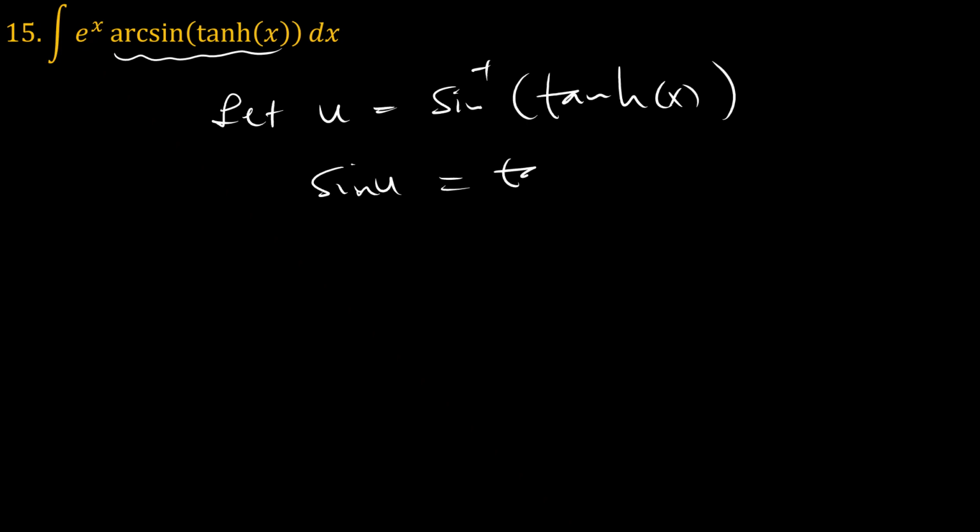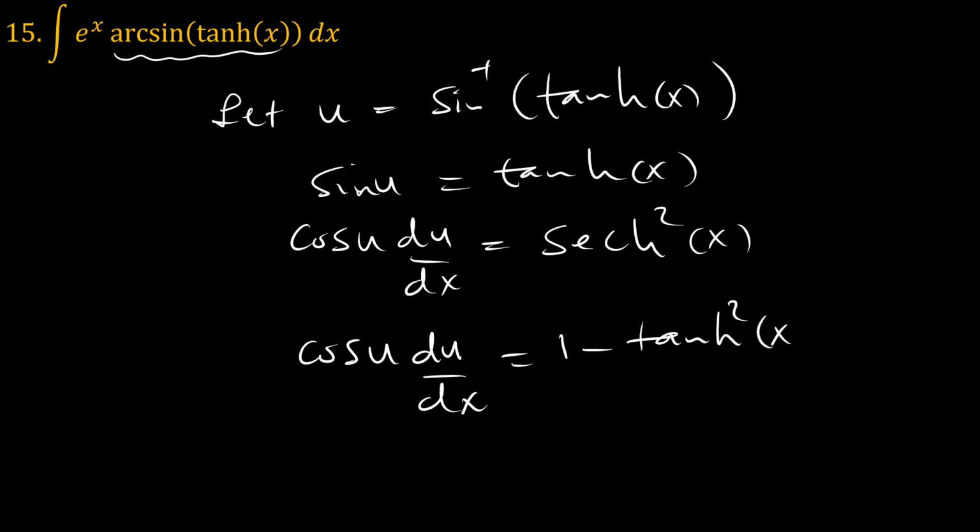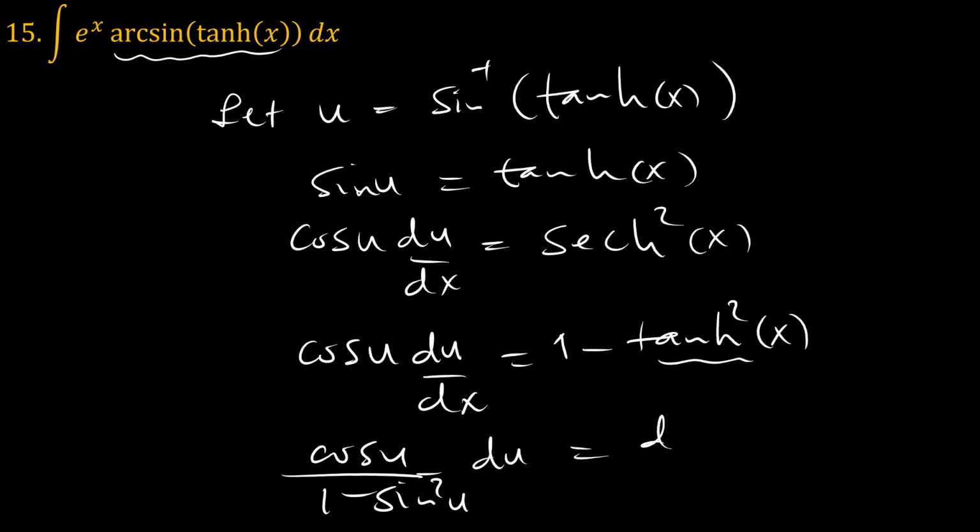is equal to the hyperbolic tangent of x, and that means that cosine of u du dx is equal to the hyperbolic secant of x squared, and so cosine of u du dx is equal to 1 minus, okay, and this here is sine of u, so we have cos u over 1 minus sine squared u is equal to dx.